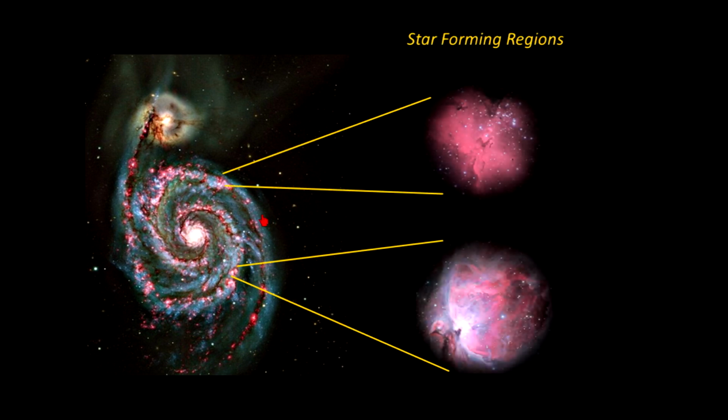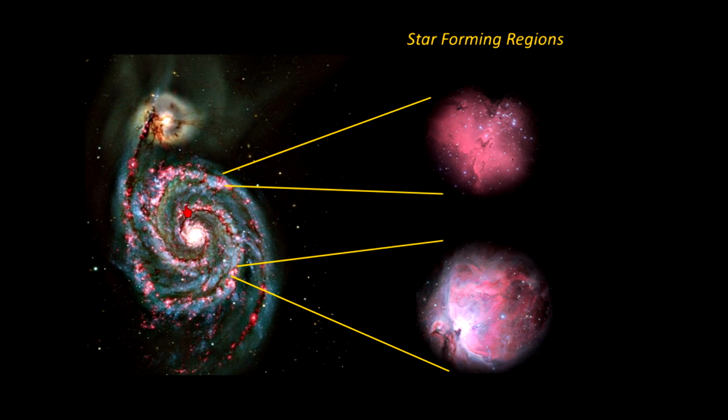What you'll notice is along the spiral arm, you get a high concentration of star-forming regions. These are places where stars are actively forming. And just two examples are shown here. These are actually two examples from our galaxy. But if you could look at this part right here through a big telescope, it would look like this, and this one right here would look like this. So notice the pink glow of all of these star-forming regions.